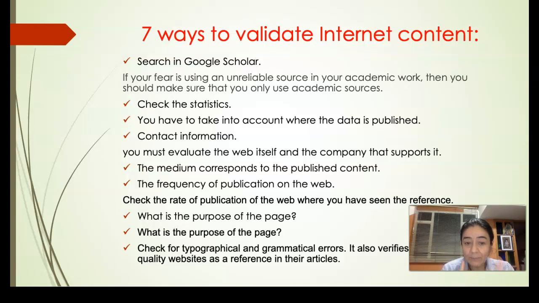Check the rate of publication on the website where you have seen the reference. It's important. What is the purpose of the page? Check for typographical and grammatical errors. Also verify that they link to quality websites as references in the article. Okay?